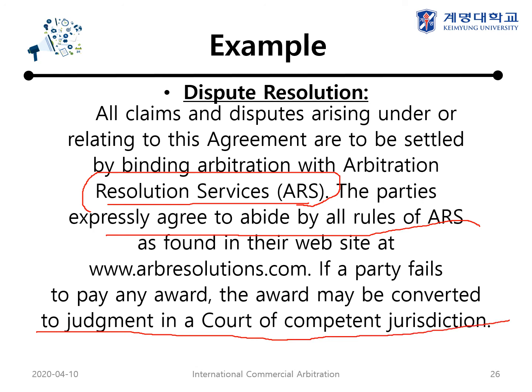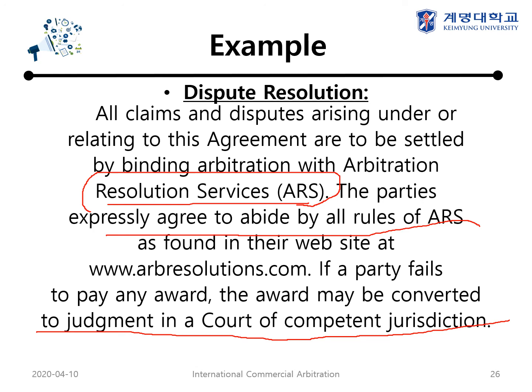This is what I am telling you. If a party will not comply or follow the award, it is automatically converted to the judgment of a Supreme Court. The reason why we are using arbitration is to minimize this kind of stress or cost of litigation, because once it is submitted to the court or Supreme Court, there's no way you could take it less seriously.